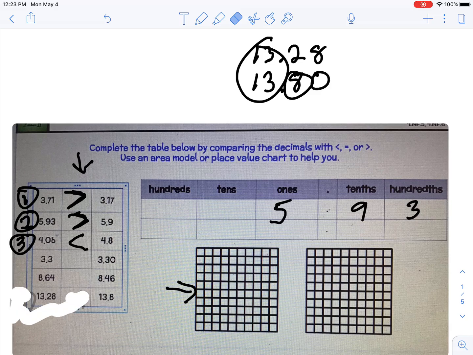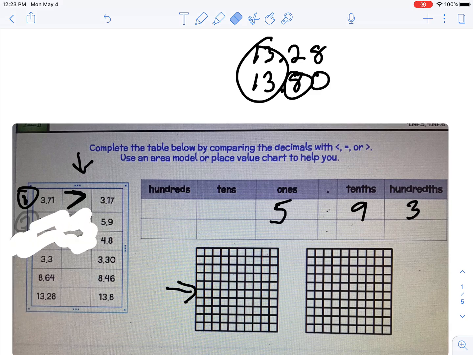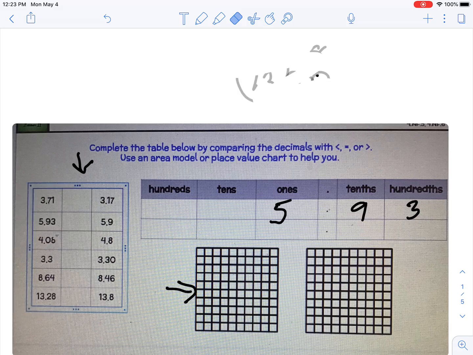Okay, so the last one I want you to do on your own. I'm erasing this so you can see better. Compare those two numbers and tell me which is greater, using greater than, less than, or equal to.